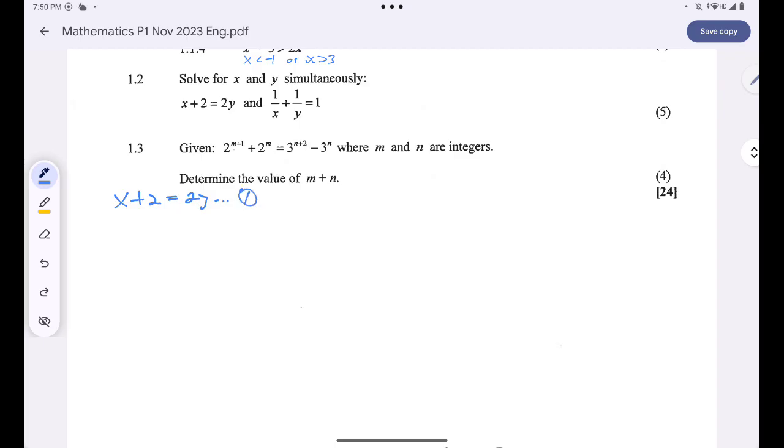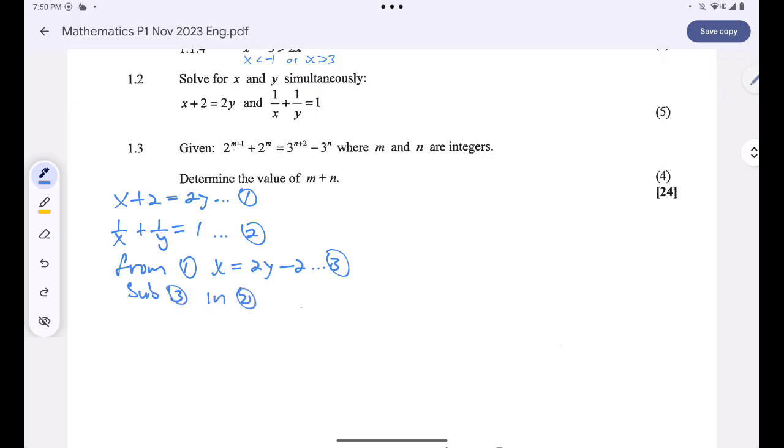This is my first equation. 1 over x plus 1 over y is equal to 1. This is my second equation. From equation 1, I can say that x is equal to 2y minus 2. This is the third equation.